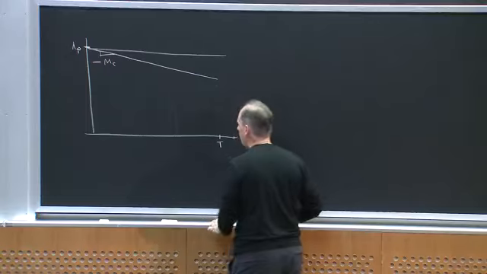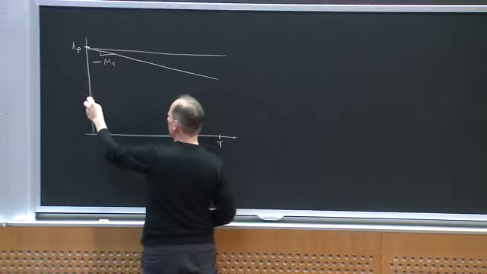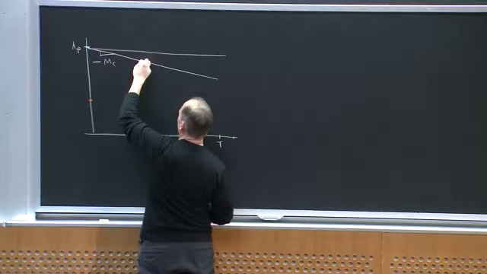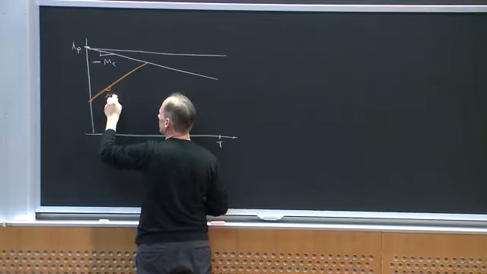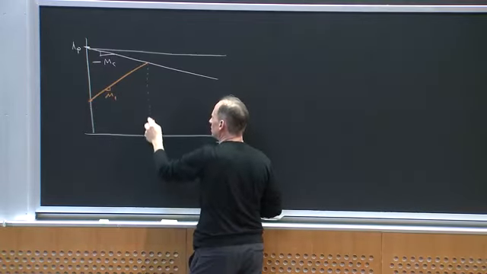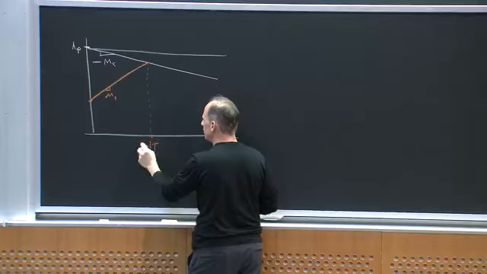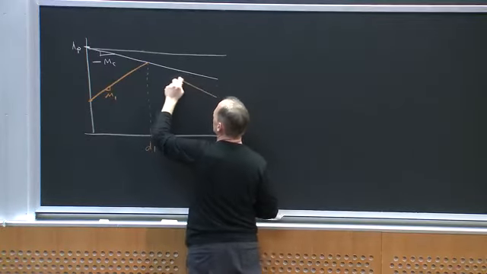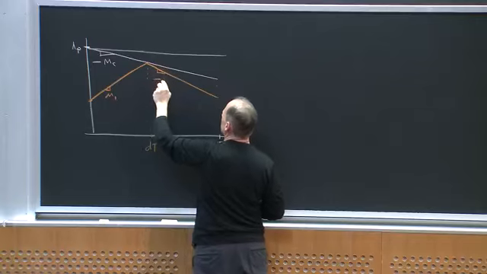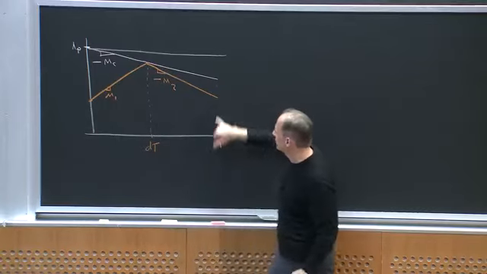Okay, and now I have my inductor current. Let's suppose the inductor current starts here, it rises up with slope M1, hits the intersection, that's dT, and then it falls with some slope minus M2, okay? But I'm actually treating this thing dynamically.